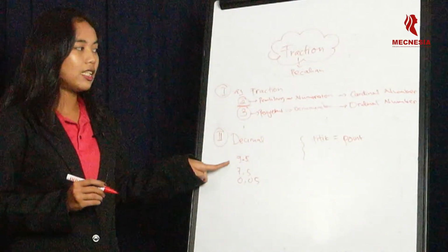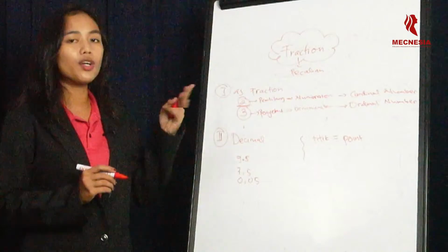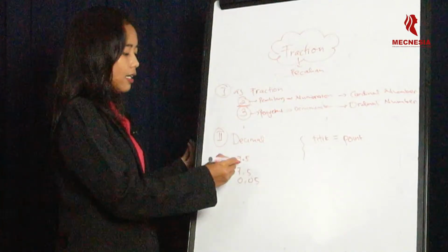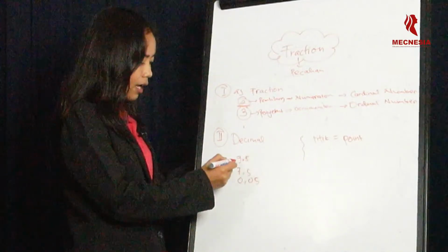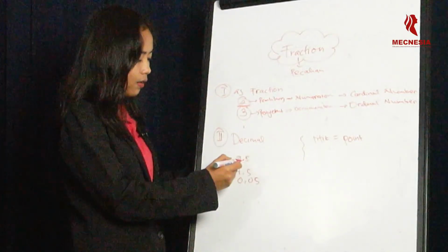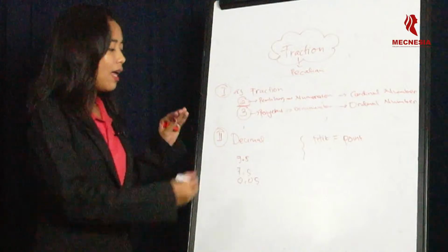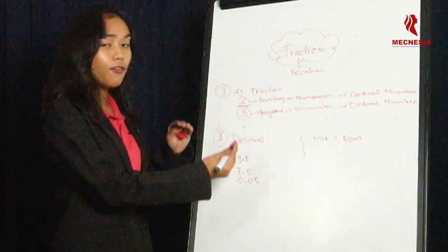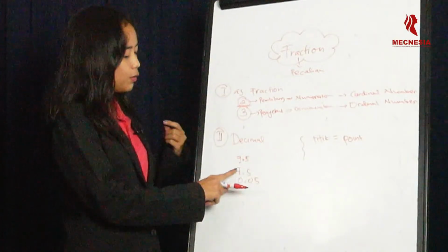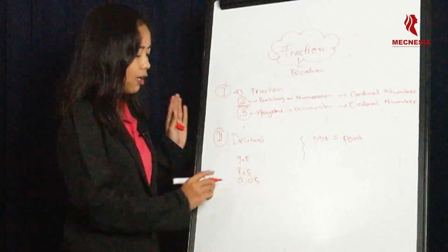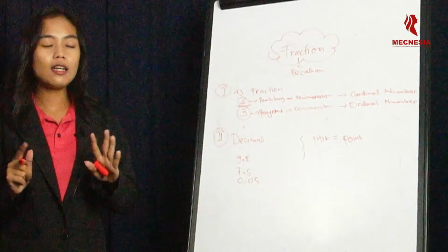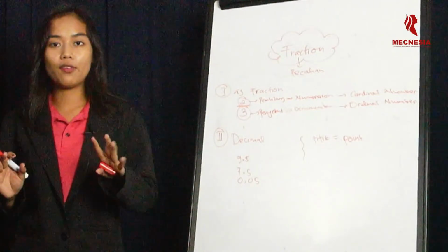Oke, di sini kita bacanya pakai cardinal number semua, berarti nine point five. Nine point five. One more time. Nine point five. Next, 7,5. In English berarti dia 7.5. So it's seven point five.